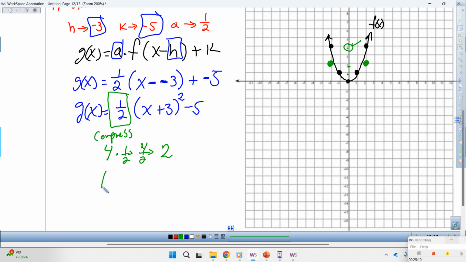So where are we moving those two? 1/2. That is correct. So we're bringing those down to 1/2. There and there. And 0, 0 stays the same. There it is. Okay? All right.